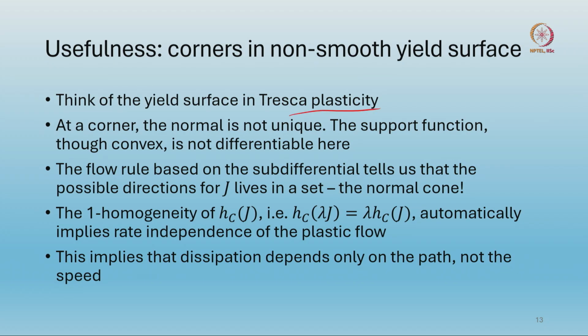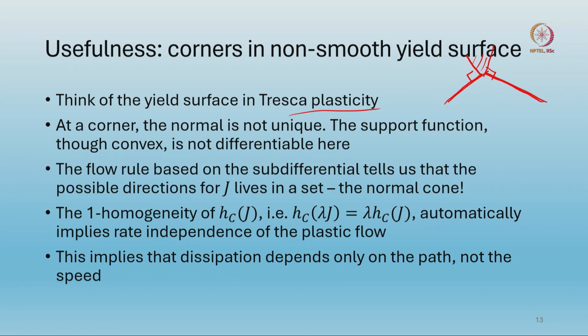So this is my corner, this is one face, this is another face meeting at the corner. You get a normal cone from here, you just put a line which is perpendicular to this face, another line which is perpendicular to this face, and you get the normal cone here. This is basically my normal cone.